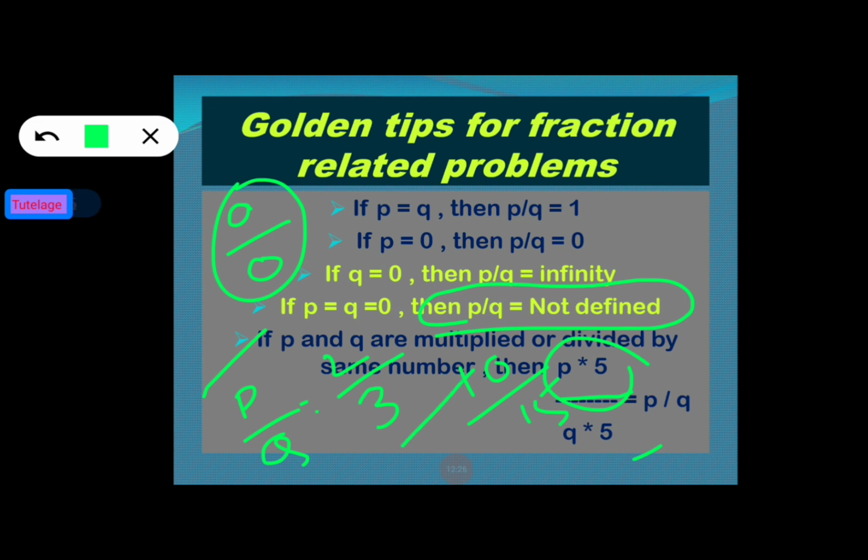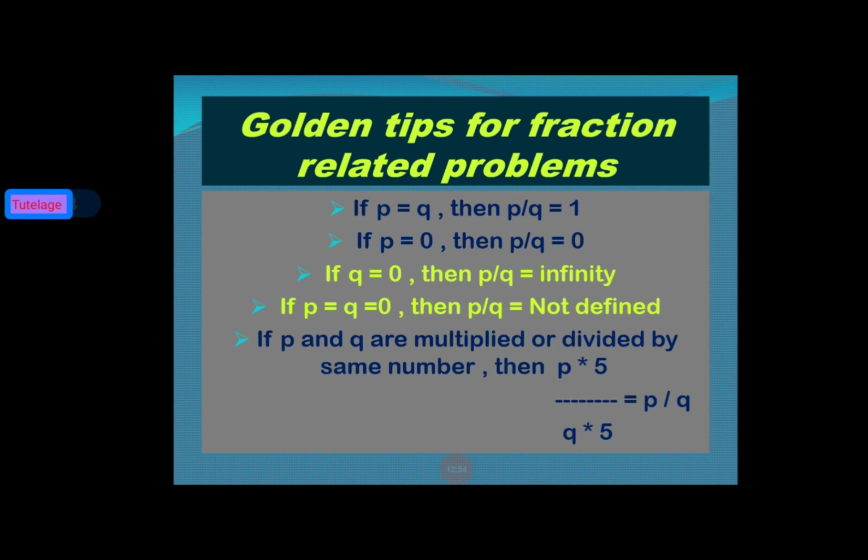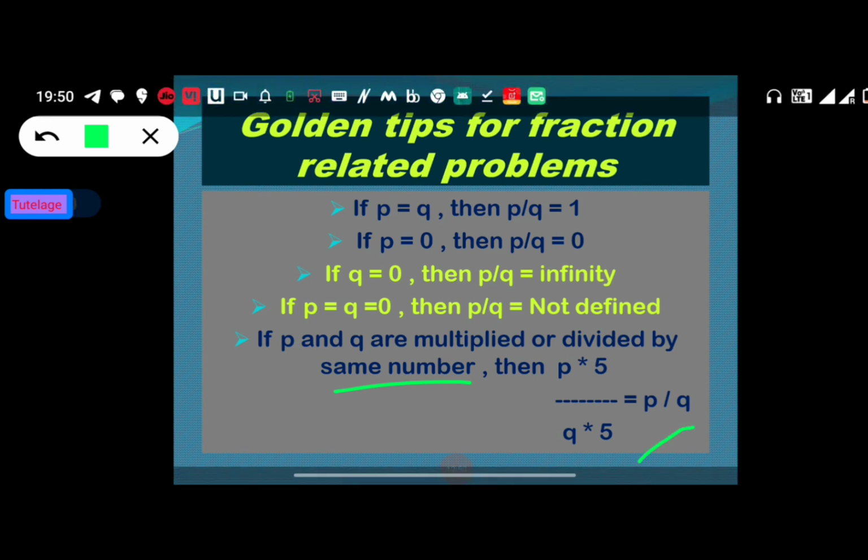So keep it in mind, the most important thing is the same number. When p and q are multiplied or divided by the same number, then the new fraction will be the previous fraction.